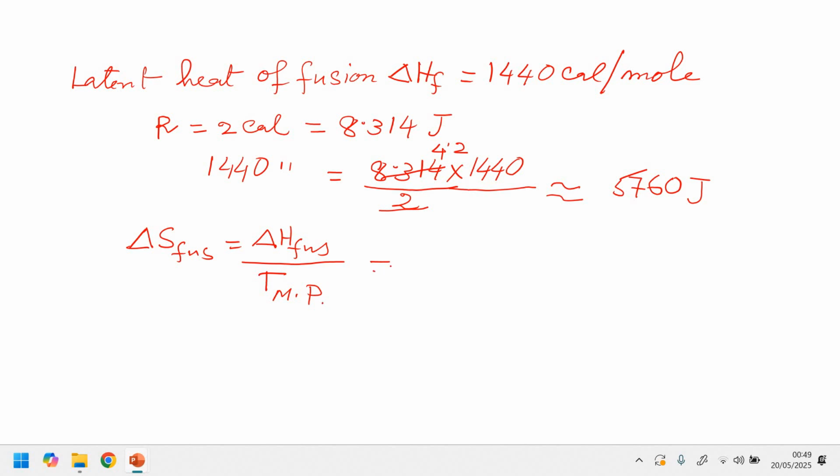Now delta H fusion approximately in joules we have calculated is 5760, divided by the melting point, 0 degree, that means 273. And this value of delta H fusion is given for 1 mole, that means 18 gram. So for 1 gram you have to divide it by 18.